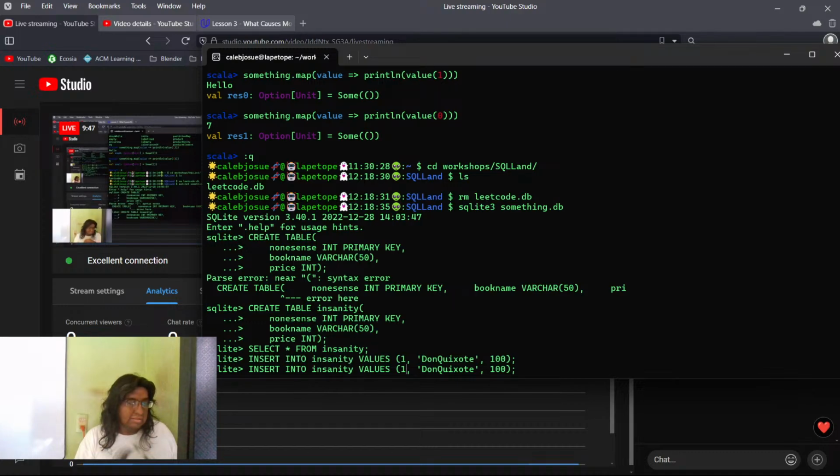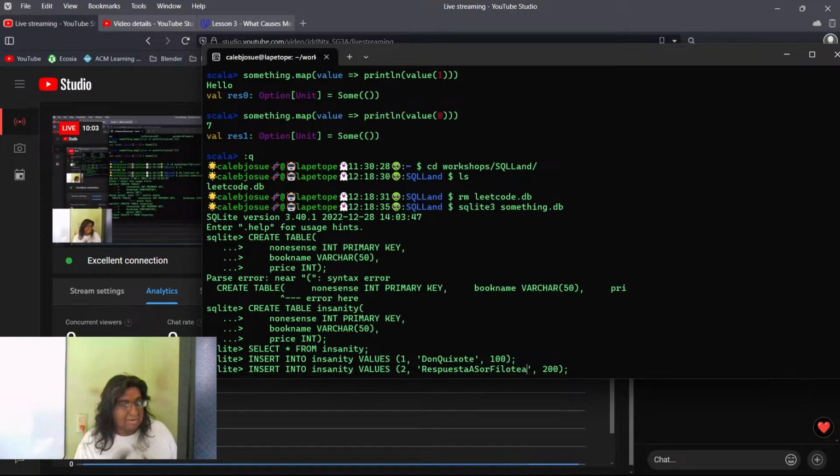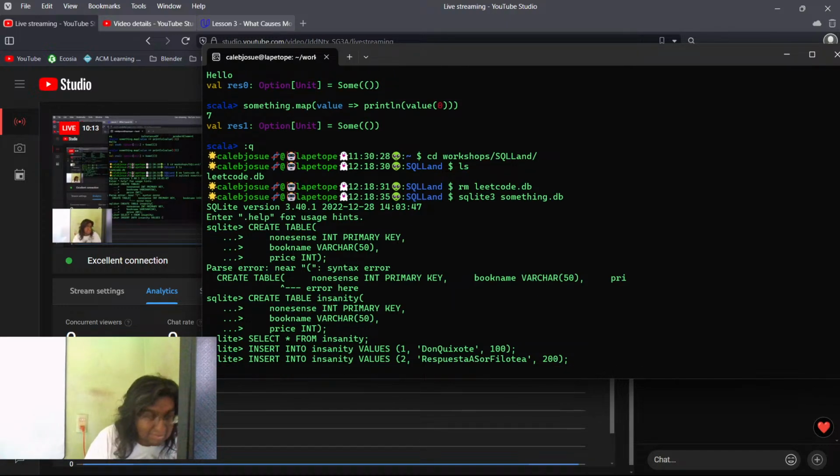Now, let's. Respuesta a Biblioteca. What does this mean, you might ask? It's a book name from Sor Juana Inés de la Cruz. 1, 2, 3, 4, 5, 6, 7, 8, 9, 10, 11.